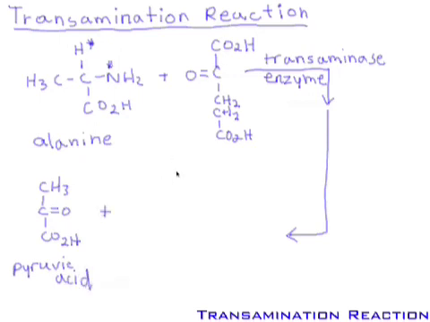And you will have CO2H, C, NH2, H, CH2, CH2, CO2H, which is glutamic acid.